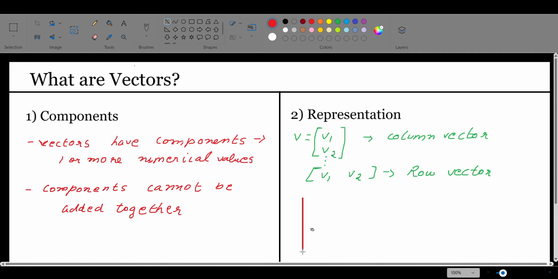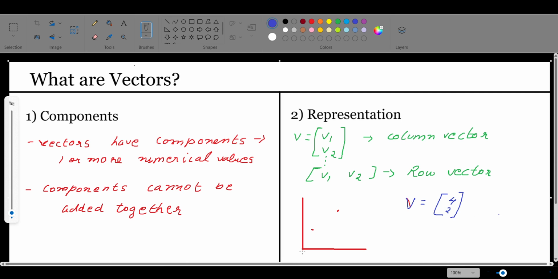Now let's create another one. Let me first change it to brush and get it back to blue. Okay. So now let's say V is equal to 4, 2.